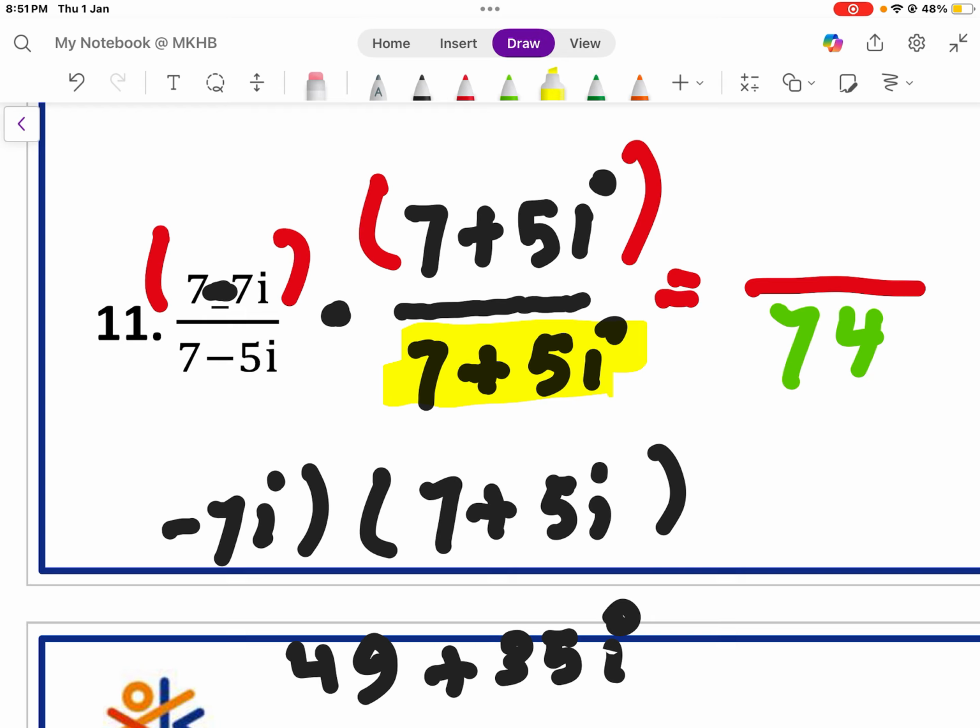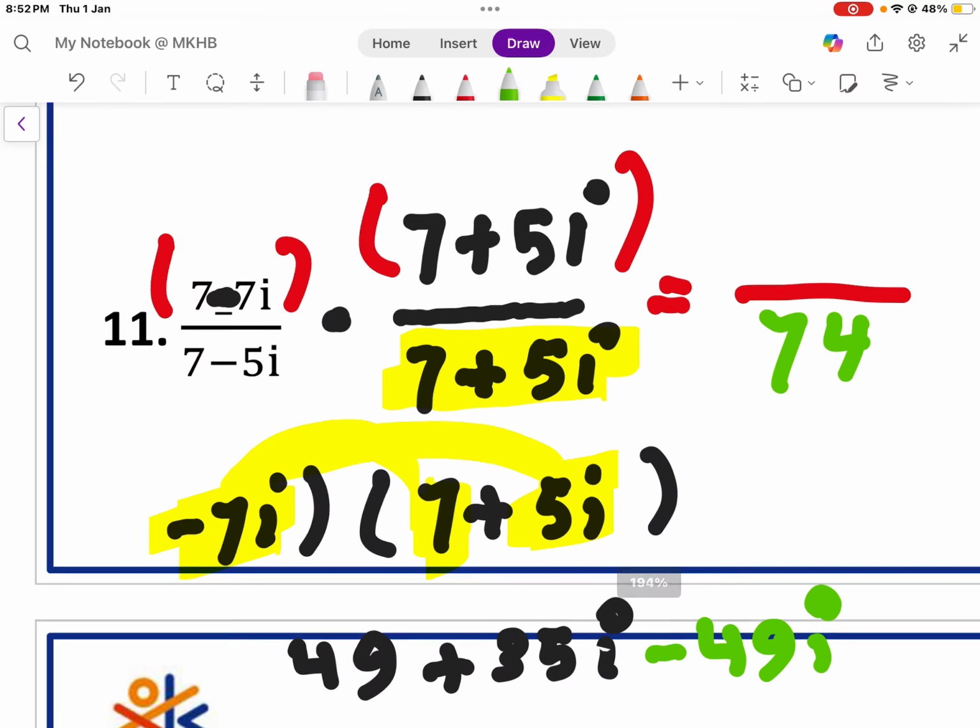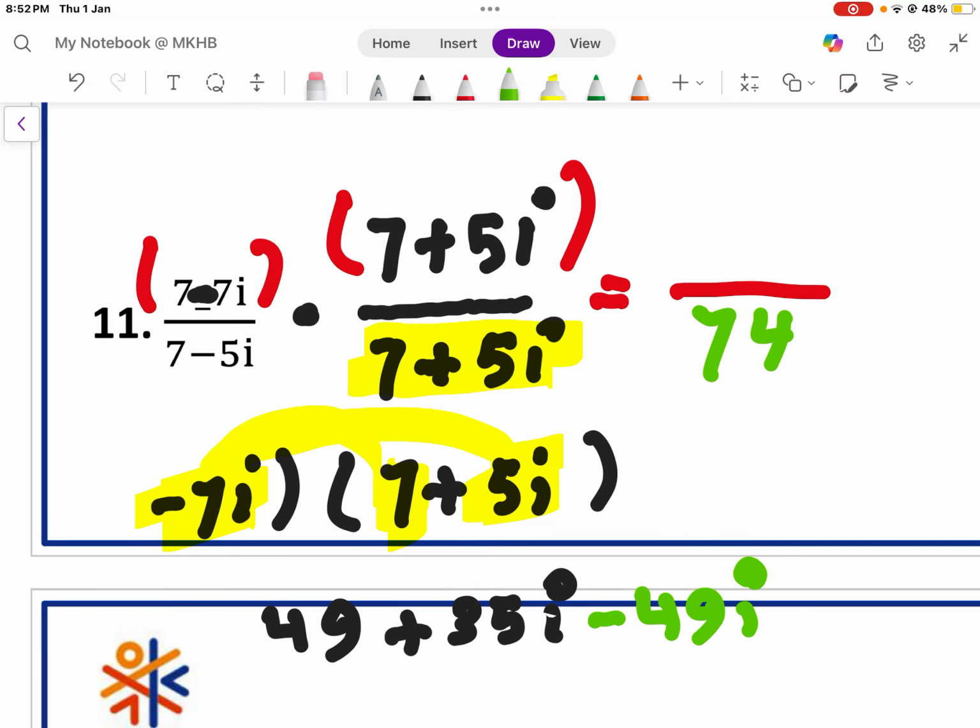Okay, now I multiply this negative 7i by 7, then by 5. So what will I get? Negative 49i. Okay, are we good? I'm done from this.